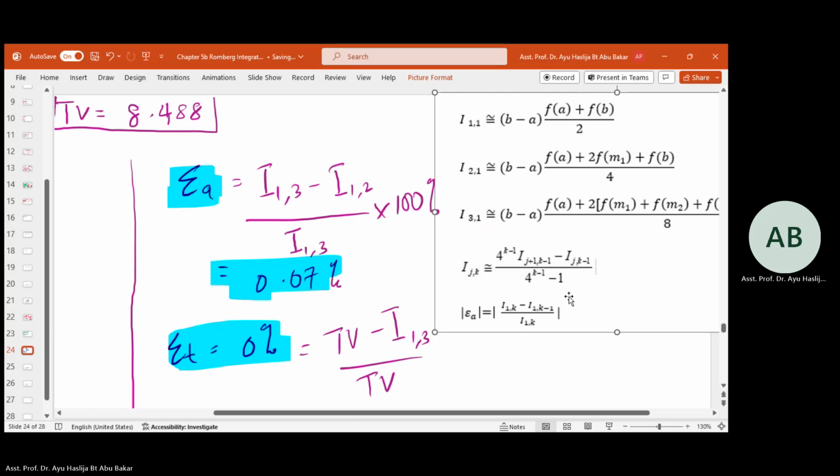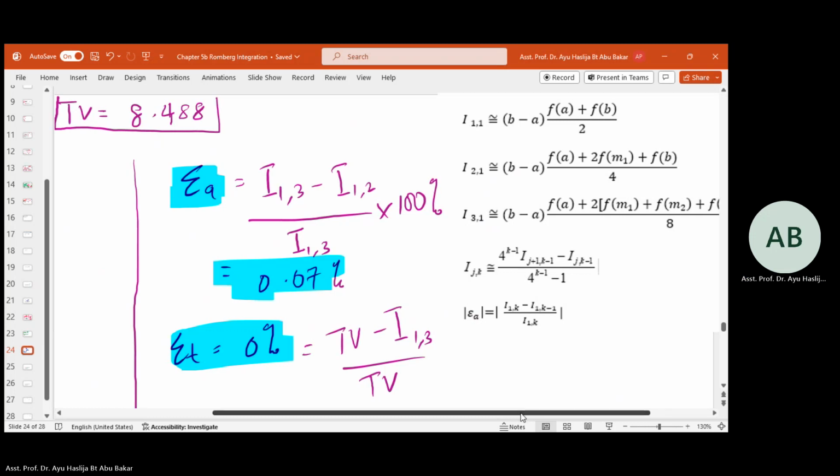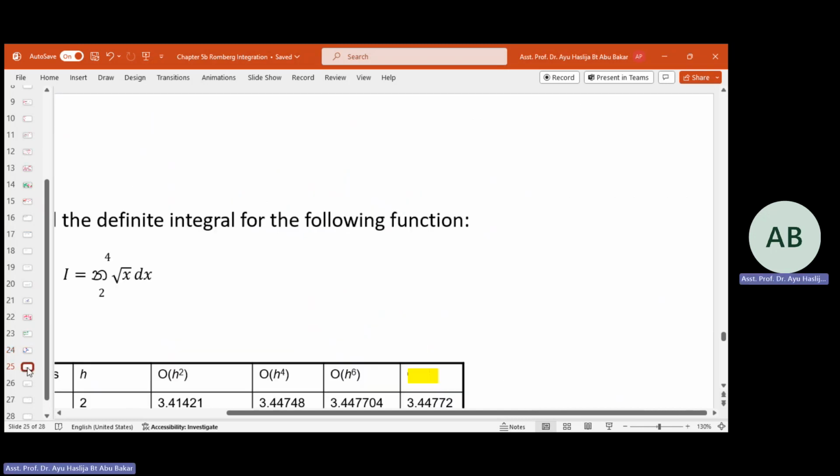Okay. But basically it's come from this equation. This is to find the EA from using the current and the previous integration value. Okay. Any questions so far for this part? No question. We move to next one.